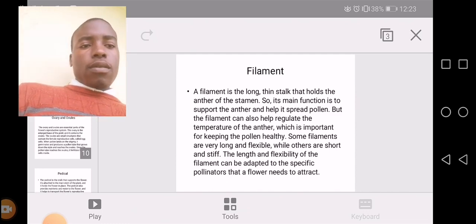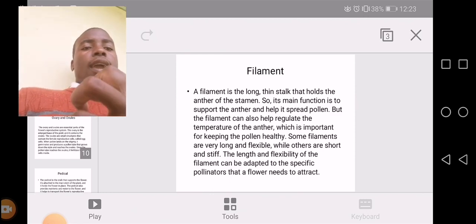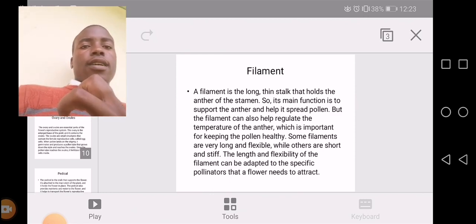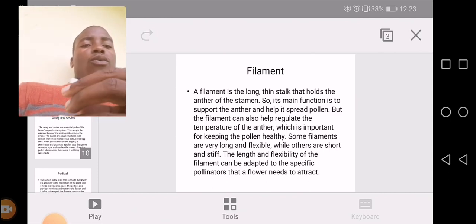The length and flexibility of the filament can be adapted to the specific pollinators that a flower needs to attract. So the main function of the filament is to hold the anther and regulate the temperature so that the pollen may stay alive, bringing water and some nutrients so that the pollen may not die on the flower.